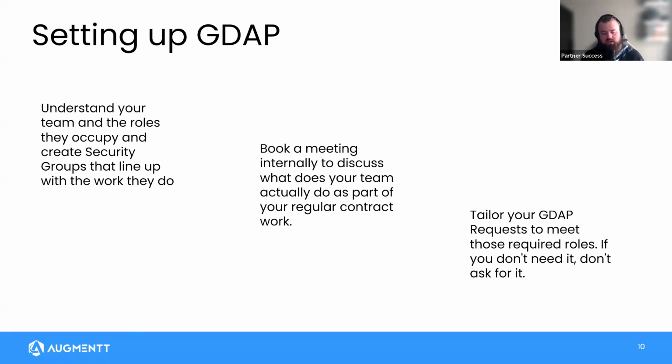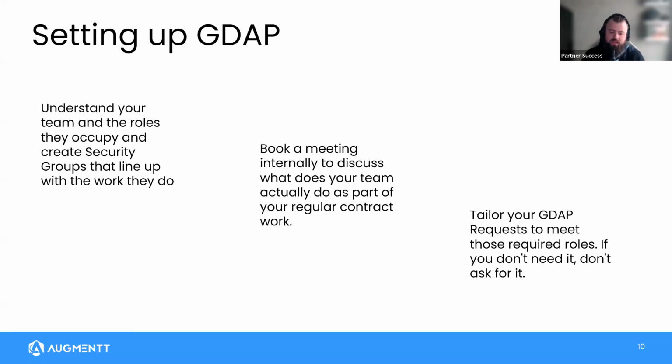Are you a bigger MSP with level 1, 2, 3 help desk roles with maybe even a security specialist role? And then making sure that you divide up those people into the specific security groups, because security groups in your internal Entra account tie directly back to the relationships and let you specify the roles that you want each person to have access to.